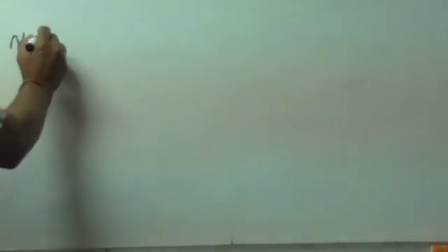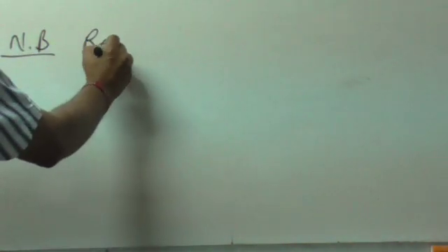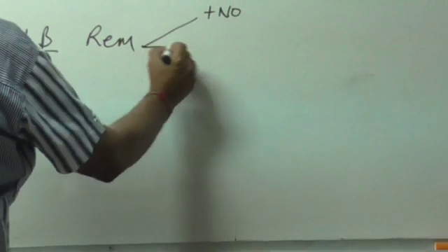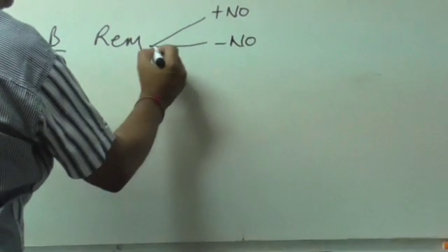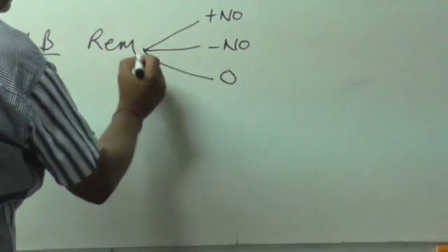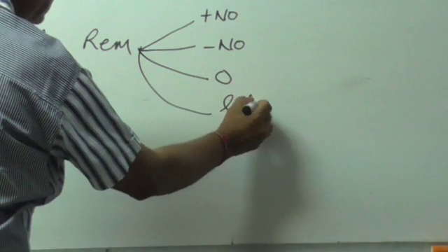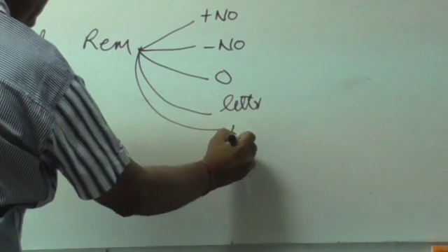So this time the remainder is not a number, but it is an expression. Alright. So when you find remainders, just remember, a remainder could be a positive number, it could be a negative number, it could be 0, it could be a letter, or it could be an expression.